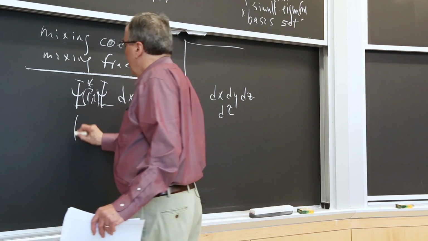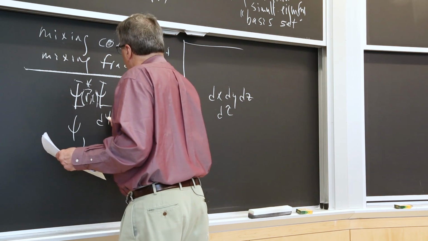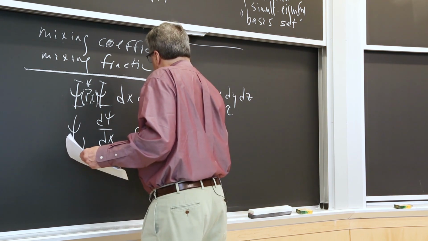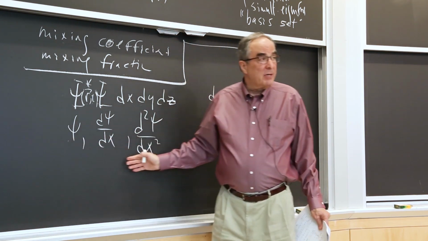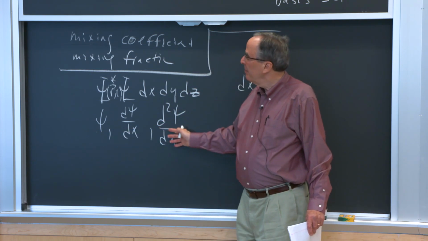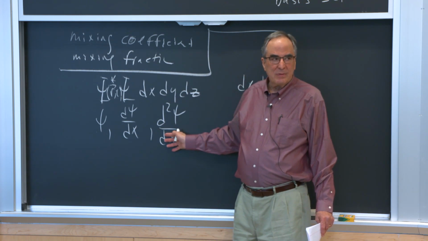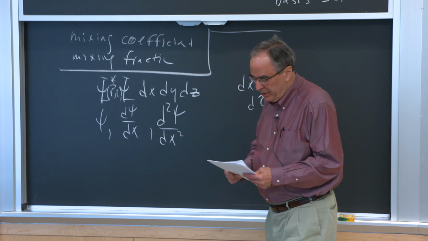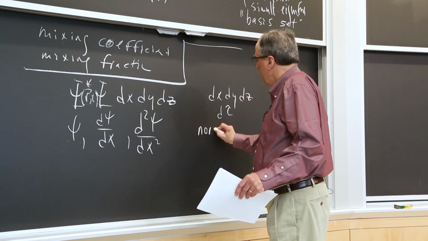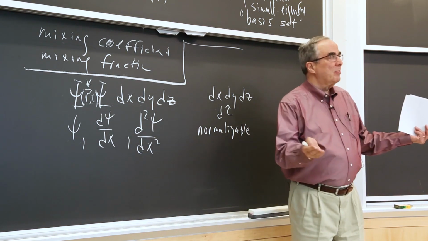Now, one of the things that we're told is that the wave functions are well behaved. And that says something about the wave functions and the derivatives of the wave functions. So what's well behaved? Well, the wave function is normalizable. Now, there are two kinds of normalization.